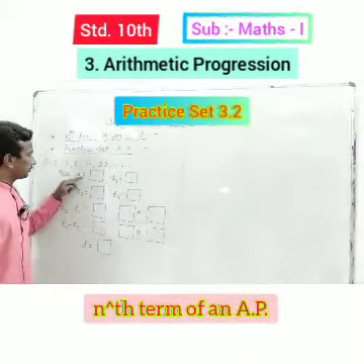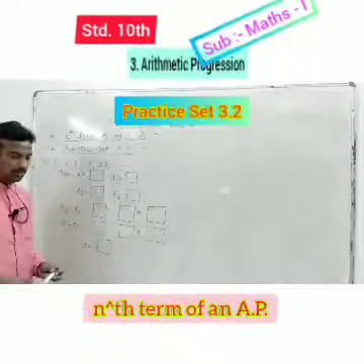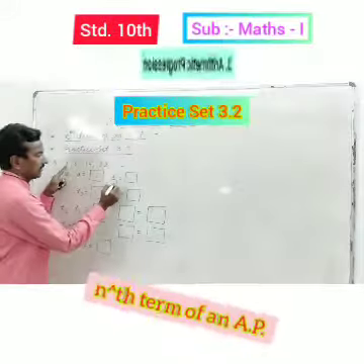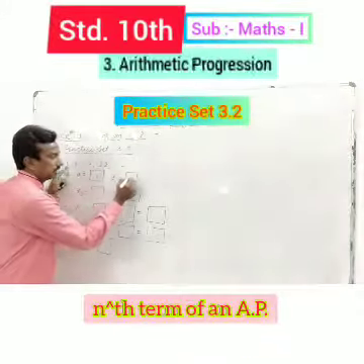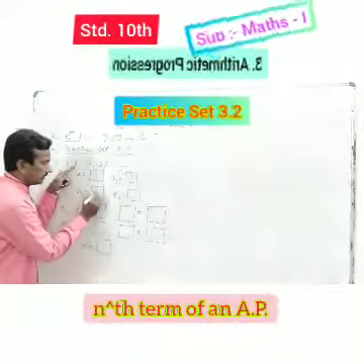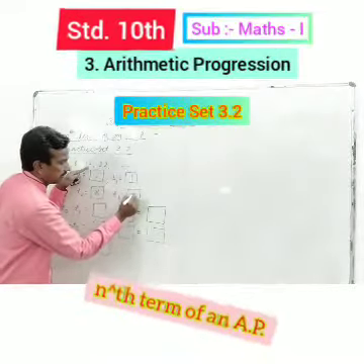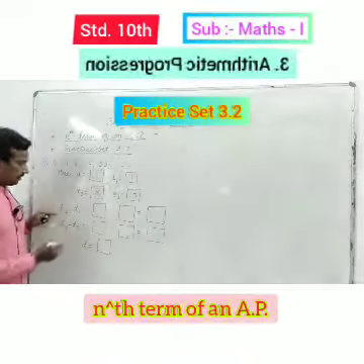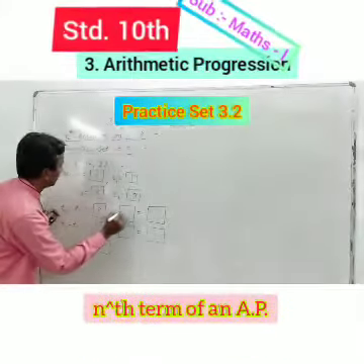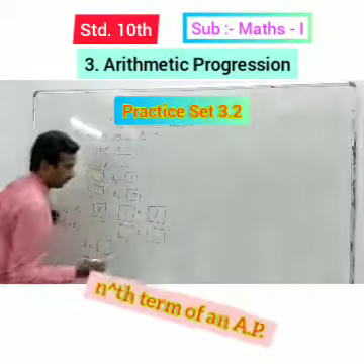Here A means the first term, A is equal to 1. T1 means the first term, it is also 1. T2 means the second term, it is 8. T3 is the third term, it is 15. Now T2 minus T1, T2 is 8 and T1 is 1, 8 minus 1 is equal to 7.